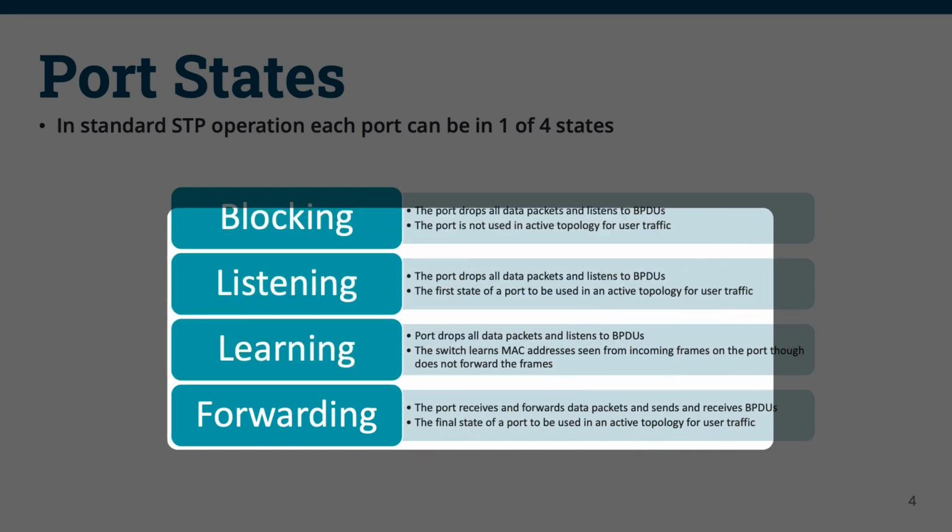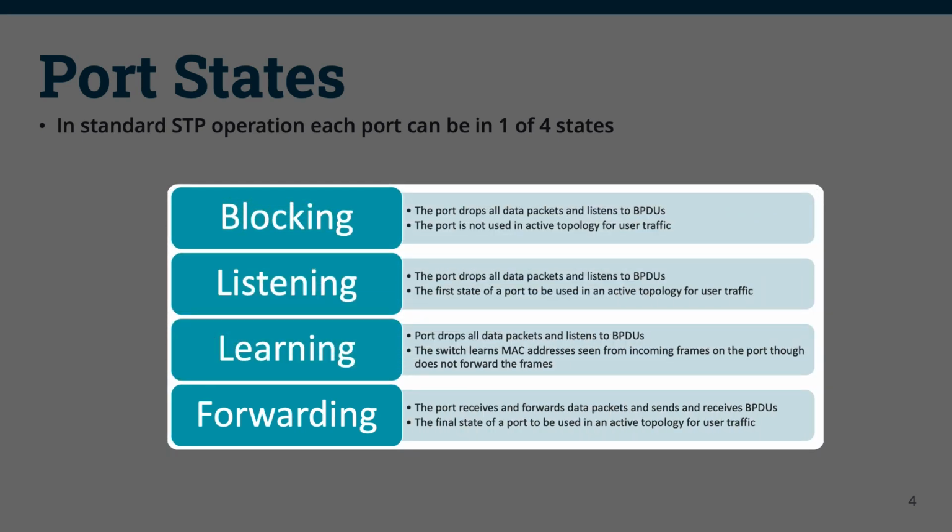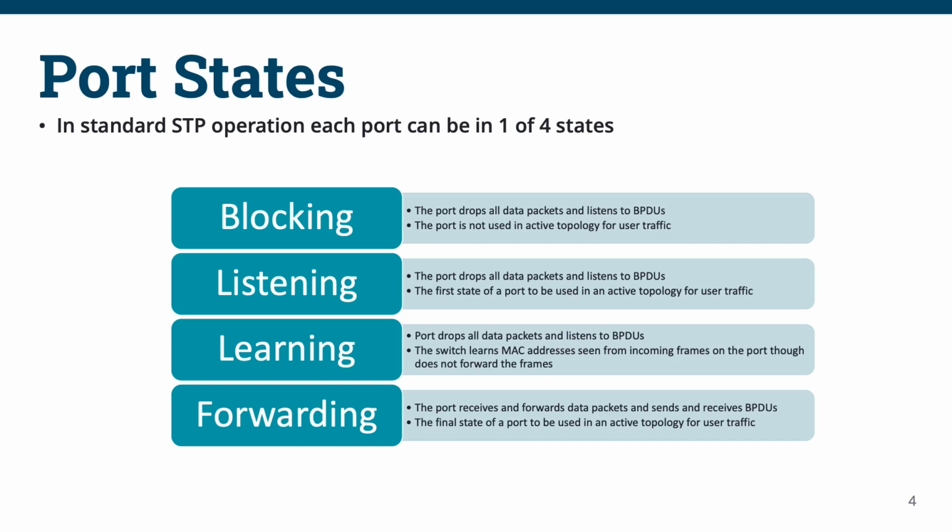On the right of each state here, we can see what function a port in that state would perform on user traffic and BPDUs. It's worth pointing out that BPDUs are always received by the switch and processed in every state. We'll step through the convergence process a little later in this lesson, though first, let's walk through each of the port states.